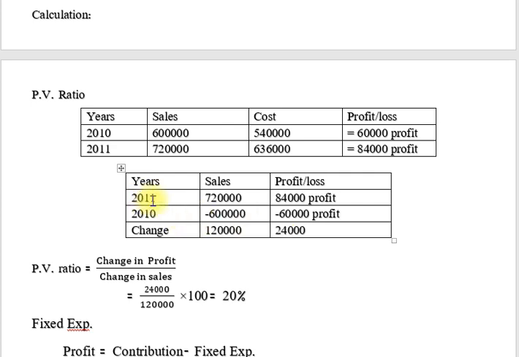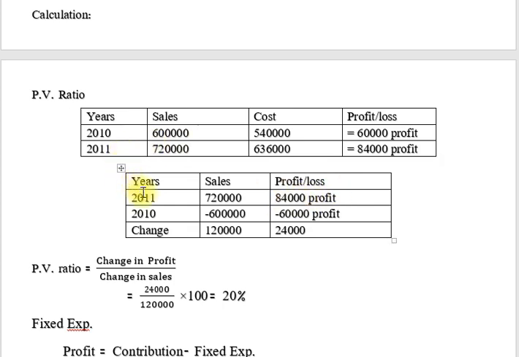Here I note down first 2011 and then 2010. First I note down the bigger amount and deduct the smaller amount. In 2011 our sales is 7,20,000 and in 2010 our sales is 6 lakhs. The difference in sales is 1,20,000. Now the same process we do in profit.